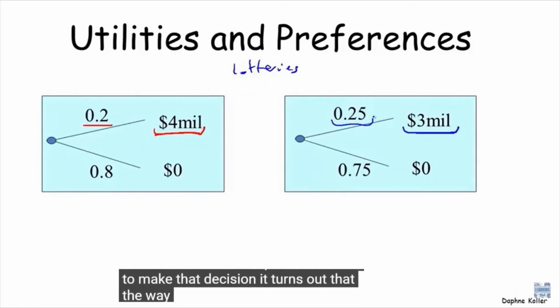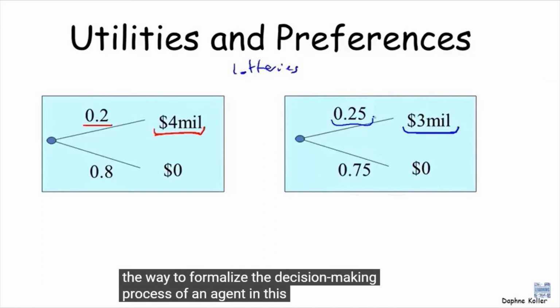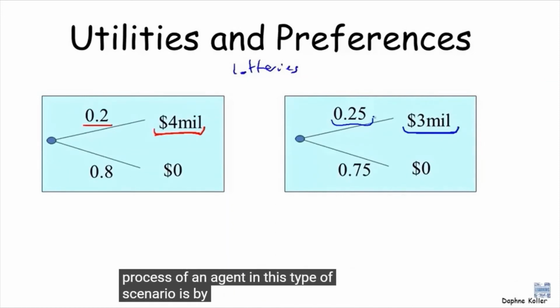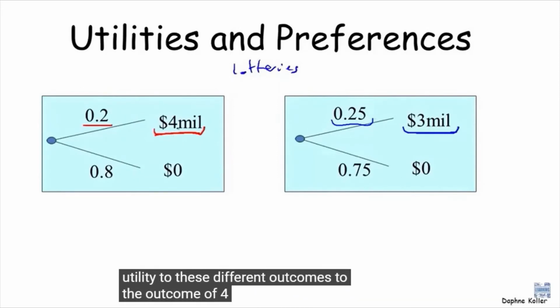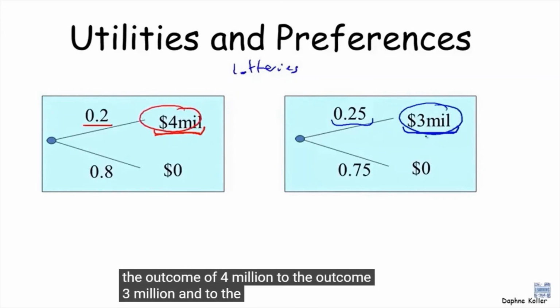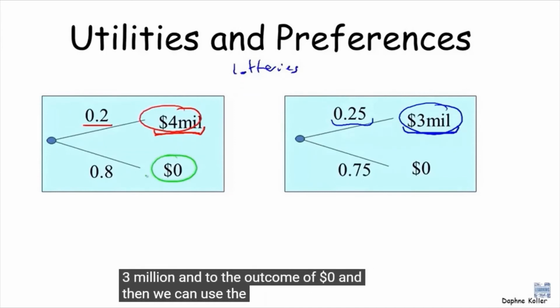It turns out that the way to formalize the decision-making process of an agent in this type of scenario is by ascribing a numerical utility to these different outcomes, to the outcome of 4 million, to the outcome 3 million, and to the outcome of $0, and then we can use the principle of maximum expected utility to decide between these two different lotteries.